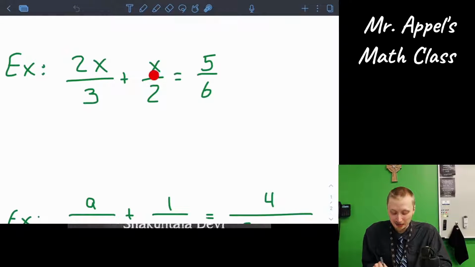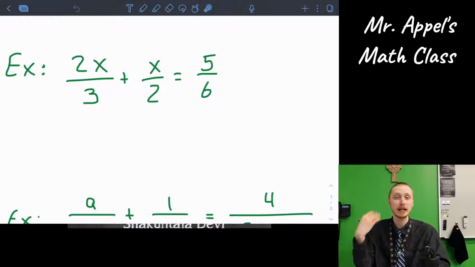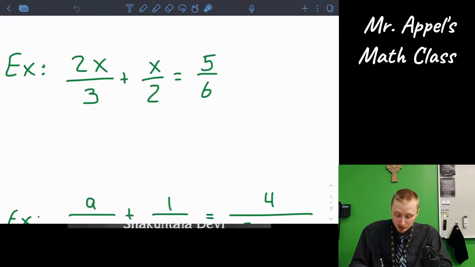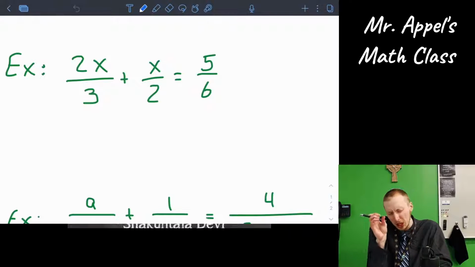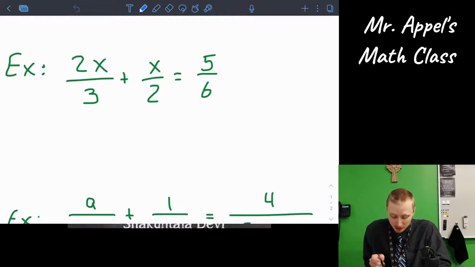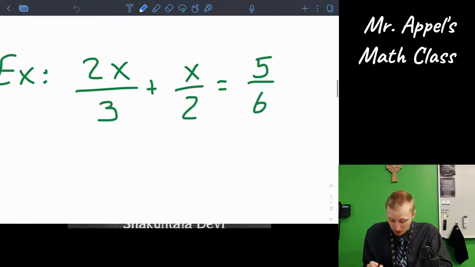We can't add these together as is. We need a common denominator. So we're going to try to find the least common, the smallest possible common denominator. Find the least common multiple of, in this case, 3 and 2. That would be the first common multiple, just 6. So to get this to be 6, we have to multiply by 2 over 2.